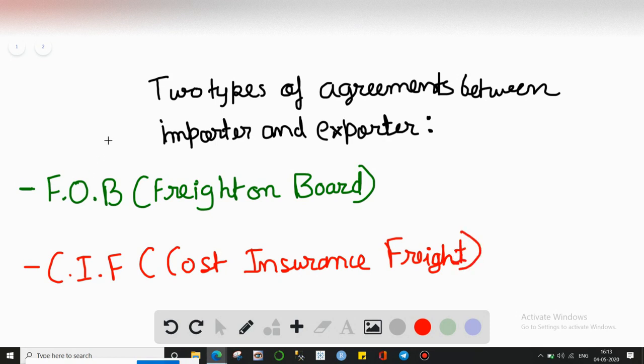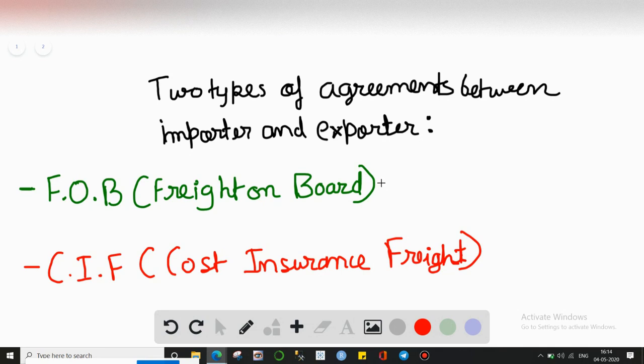See, there are different types of contracts available in the real world. However, these both contracts are very popular among various importers and exporters. But there is a very important difference in these two agreements.